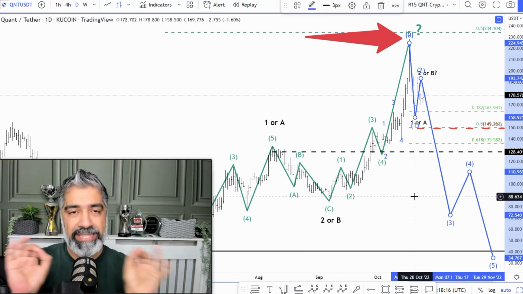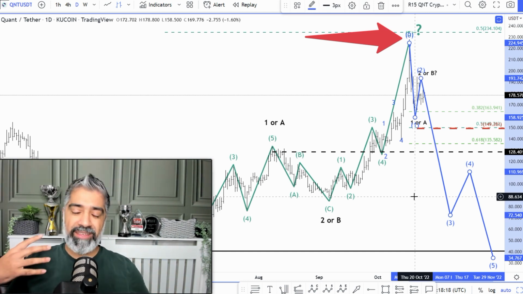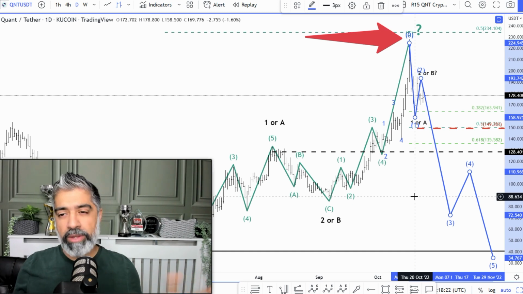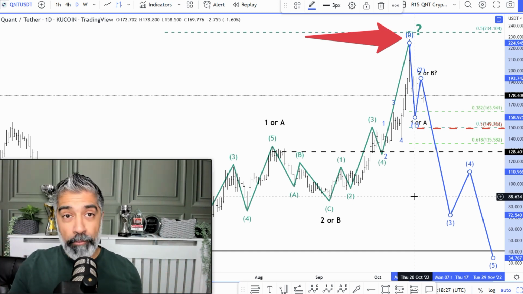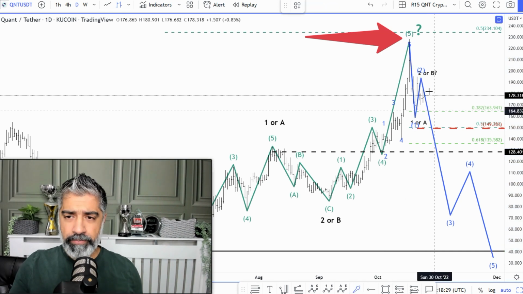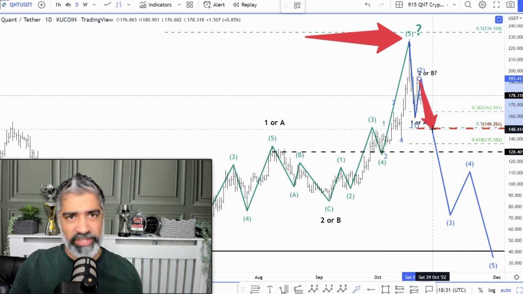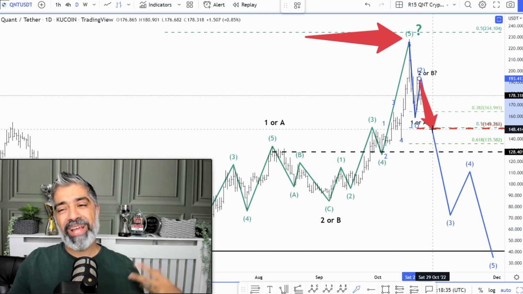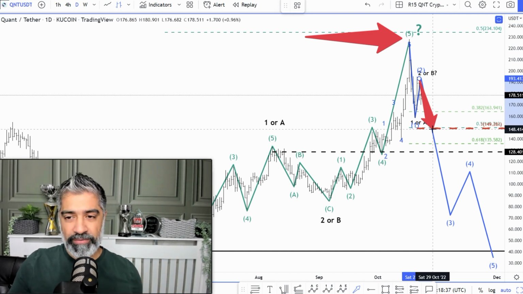But the key piece of information, depending on if you're trading quant, if you're buying and selling quant, if you're doing different things with quant, the main thing is right now we do not need to know. Both scenarios, quant drops down to $150, right? Both scenarios. So the very high probability is that quant's going to drop down to $150.